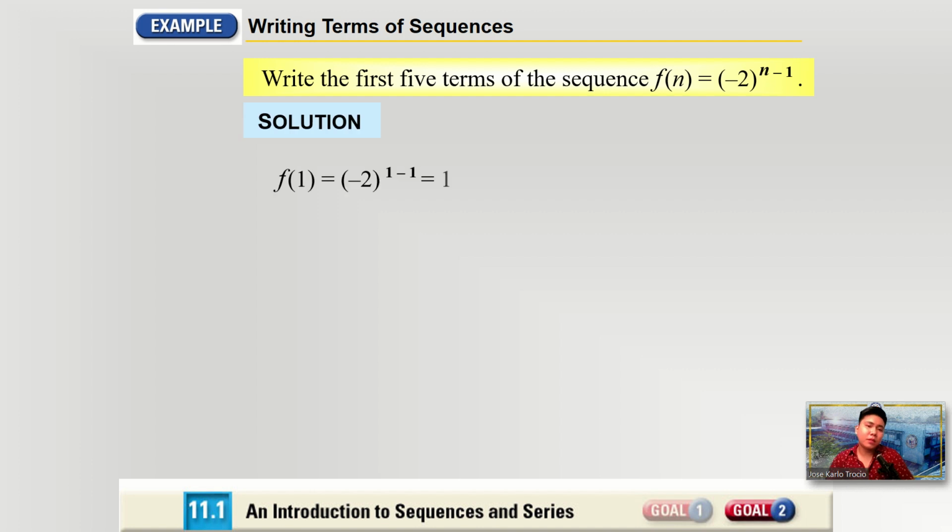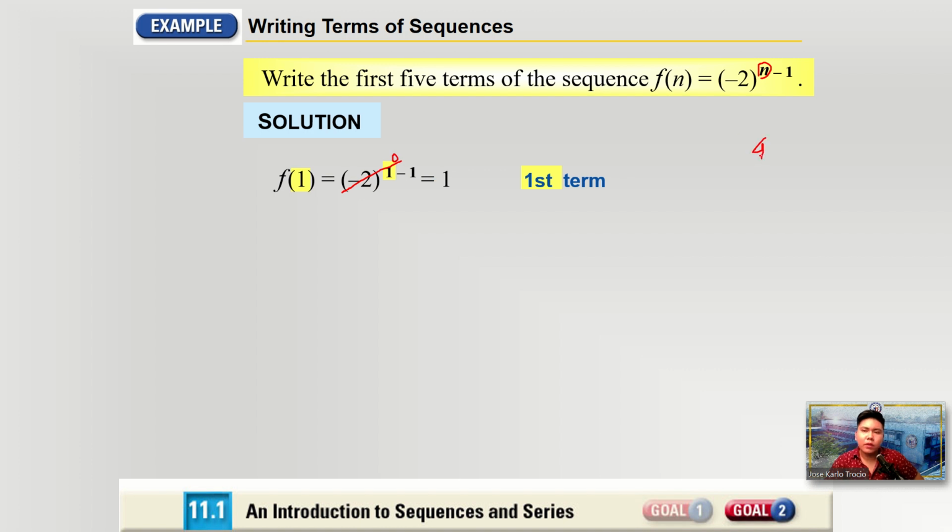How about exponential functions? In the exponential, you have n here, right? N as an exponent. So we know it very well already. 1 minus 1, that is 0. Right? So -2 raised to the power of 0. By the way, anything that is raised to the power of 0 is always equal to 1.